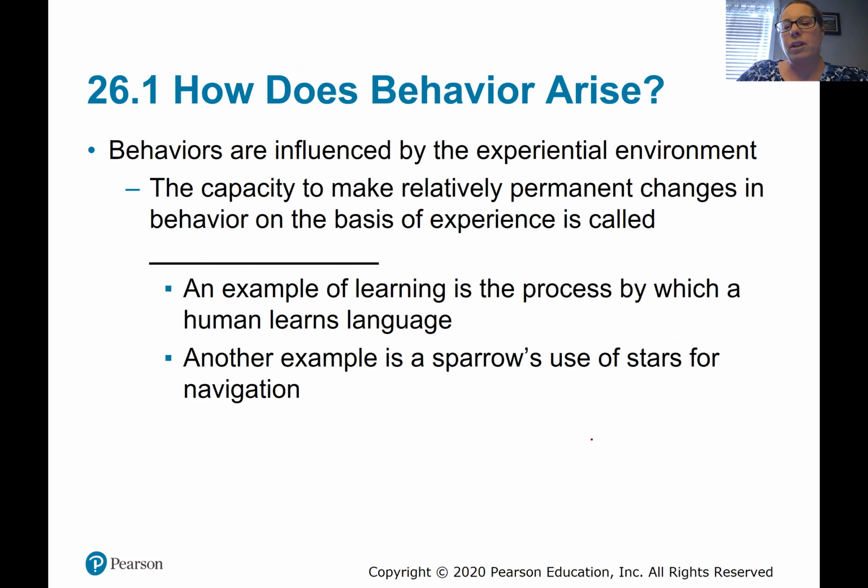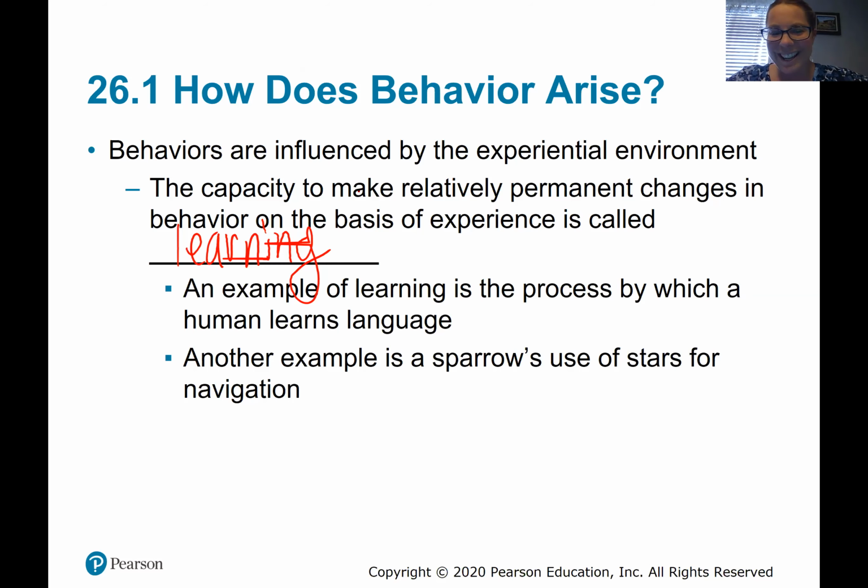Behaviors influenced by experiences in the environment have the capacity to make relatively permanent changes in behavior. When you have an experience that permanently changes your behavior, that's called learning. Hopefully this class has given you experiences that have permanently changed your behavior.